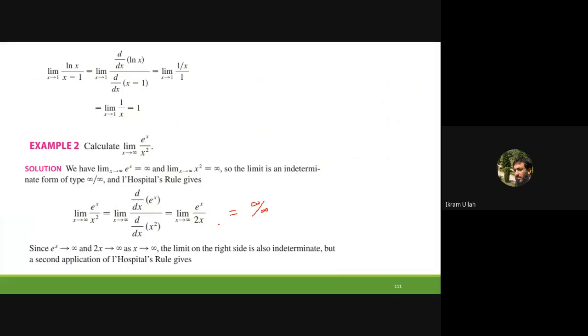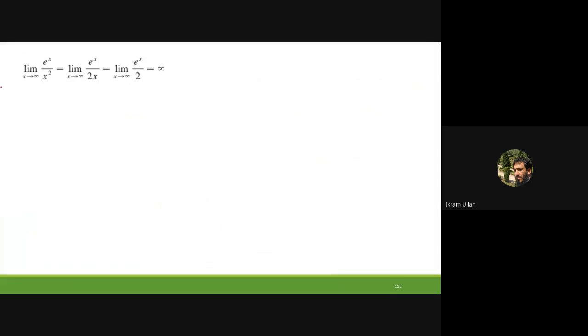We have to practice this rule until the 0 by 0 form or indeterminate form vanishes. Again using L'Hopital's rule over here, the derivative of e to the power x is e to the power x, and the derivative of x squared's derivative is 2. Now applying the limit, e to the power infinity divided by 2 is infinity divided by 2.